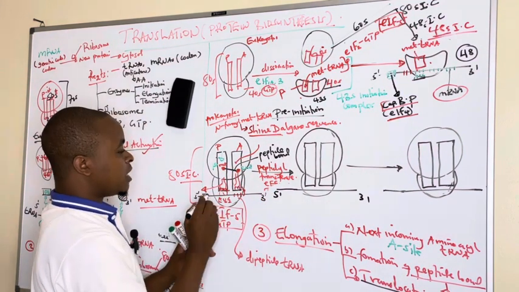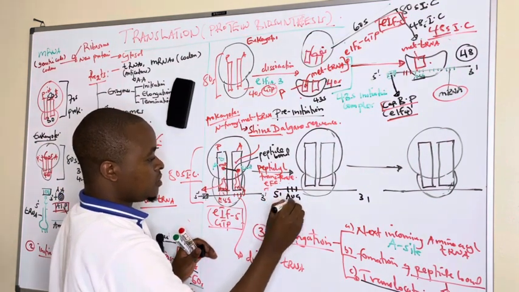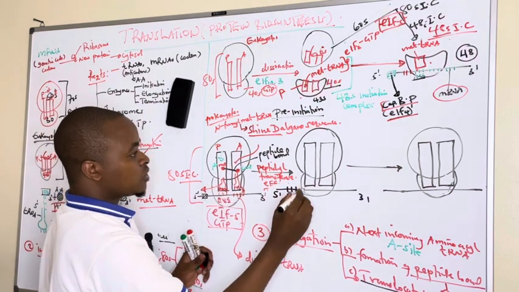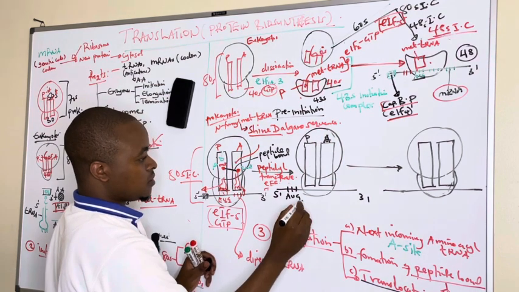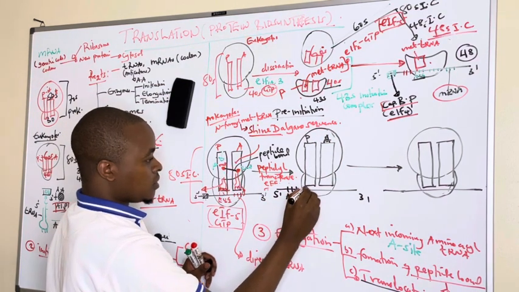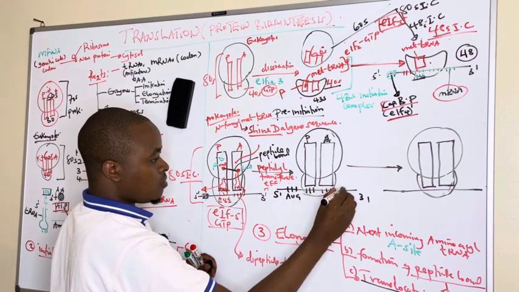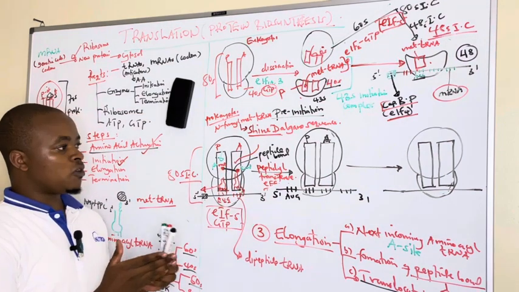The AUG, which was in the P site, comes outside. This is AUG. Then another codon, which was in the A site, comes to the P site. This is the P site, this is the A site. So this one comes in the P site, and there is another codon coming in. So this is what we call translocation.